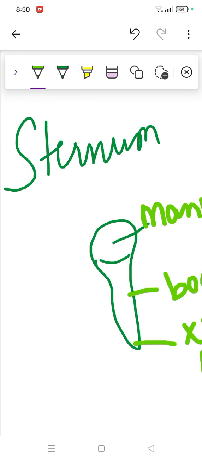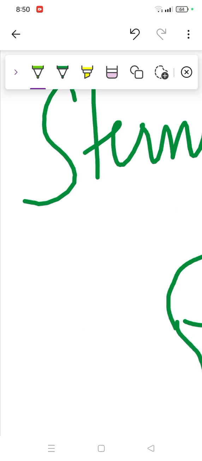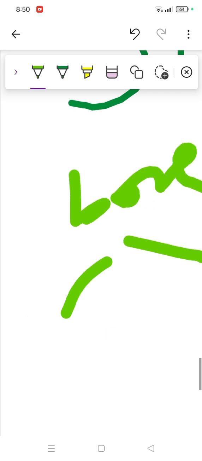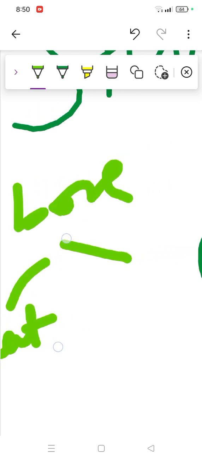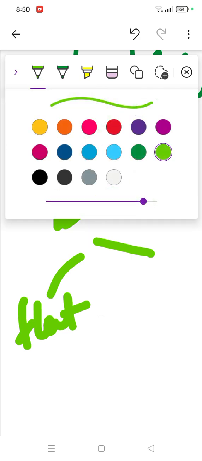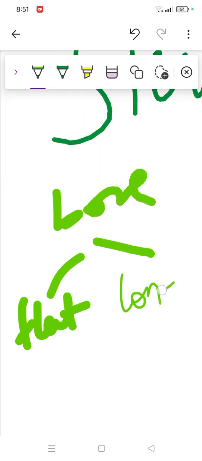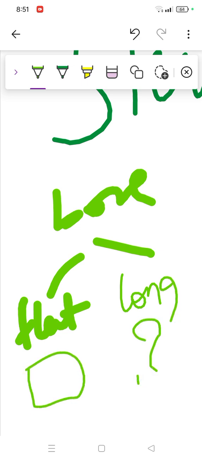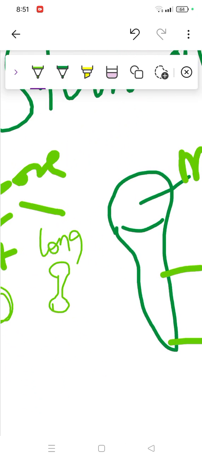This bone has different parts, flat and long, as in a cartoon-like structure. Flat is this kind of structure, and long is this kind of structure. The upper one is made up of flat bones. I hope it's clear.